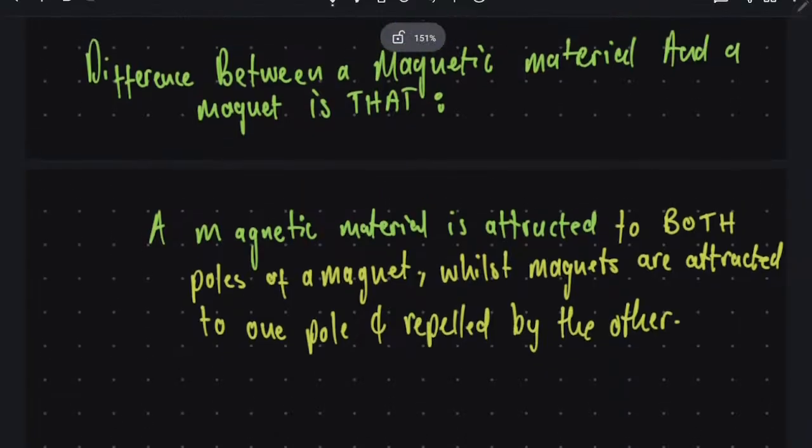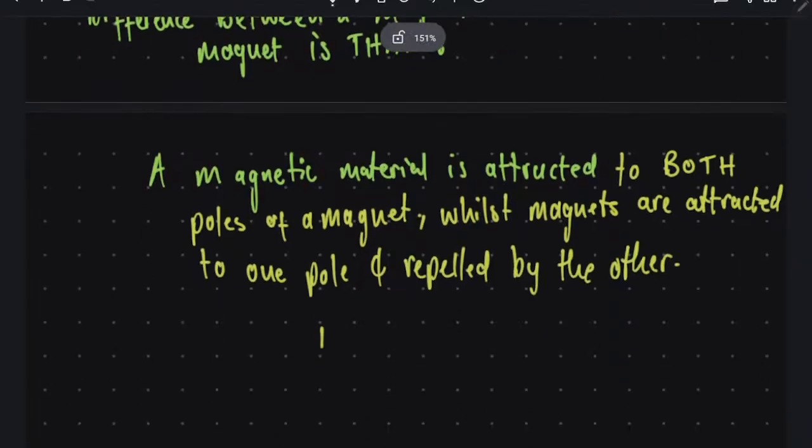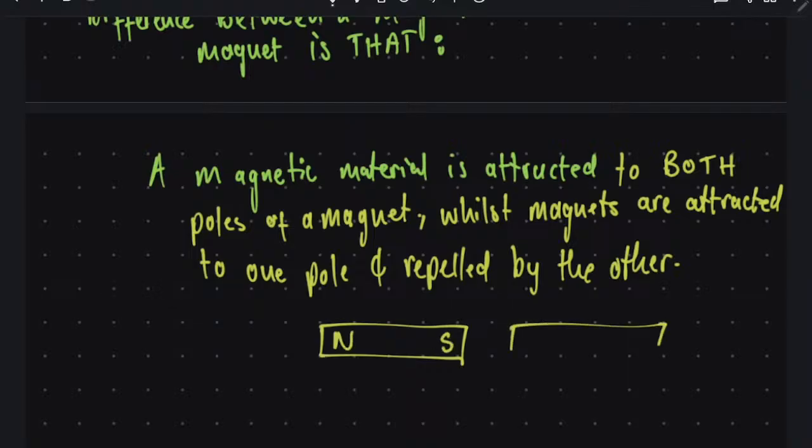If the side of a magnet is south, then it would be repelled by another south. But if you turn this one around to make it north-south, then it's now attracted. So it's attracted to one side and it is repelled by the other. Are we together, students?